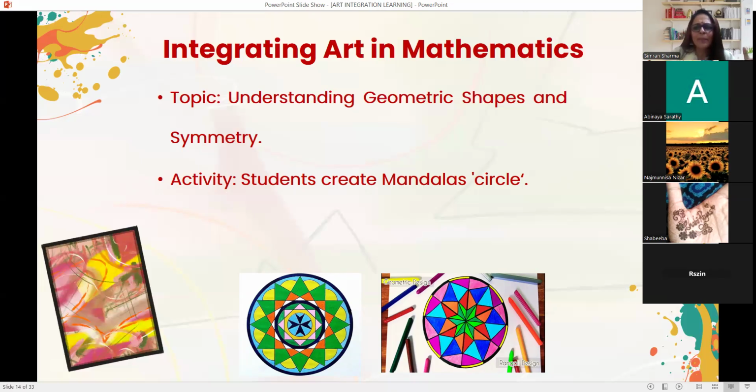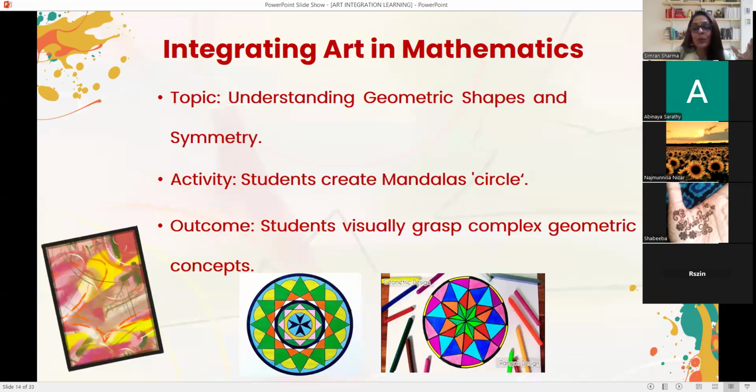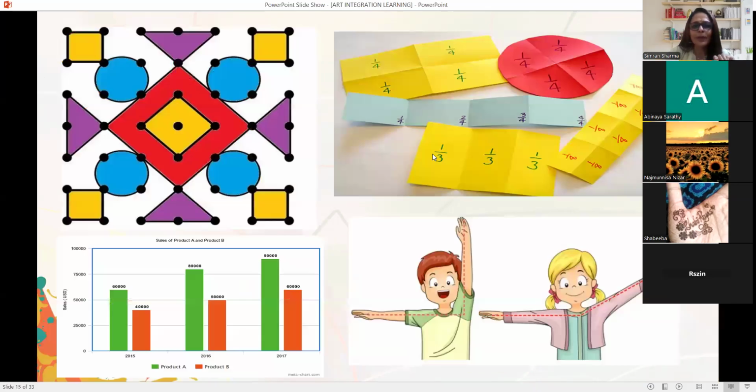So many parts of the geometry topic are covered in this, along with shapes and symmetry. So what is the outcome? Students visually grasp complex geometrical concepts. Otherwise, to visualize, to imagine, it has its own restriction. But when they see these kinds of diagrams in front of them, and you point out the number of circles or the shapes, it is easier for them to understand this topic.